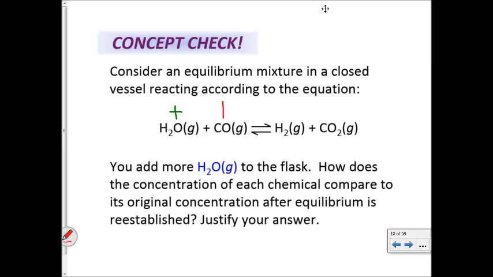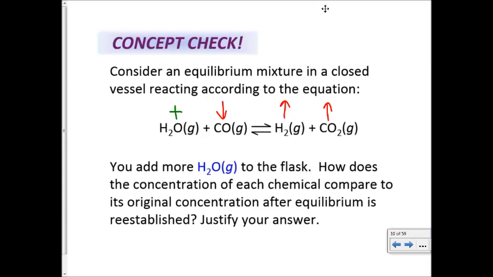Start to go down. And therefore, what should happen to your hydrogen and your carbon dioxide? They both should start to increase. And it's just going to keep going back and forth until it reestablishes that ratio of concentrations that it originally had. It's going to keep going back and forth until you get that.